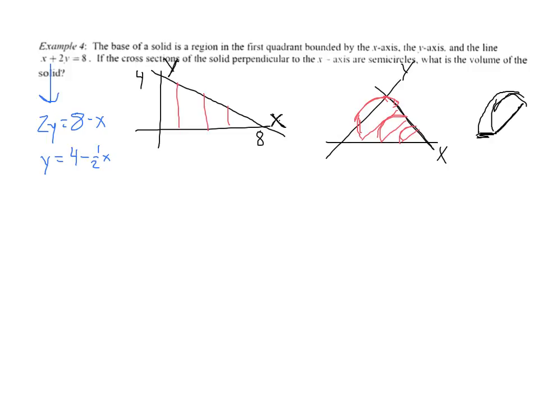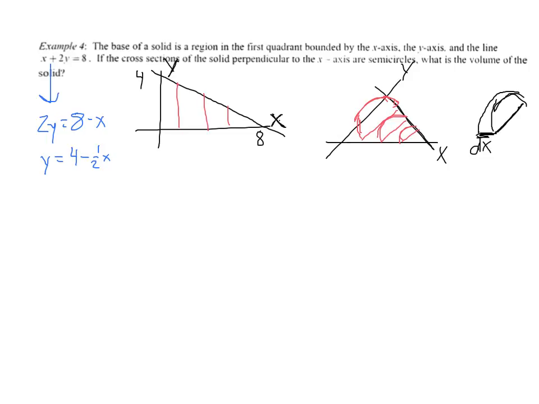So the challenging part here is to realize that this length right here is the same thing as this. And to find the volume of a semicircle, I'm going to have the width, which is related to this dx right here, and then the area of the front base here.